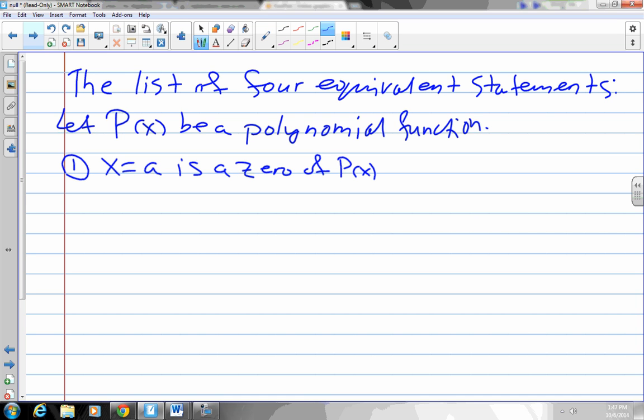So let's say we have that given. So a is a 0 of p of x. Okay? Then if that's the case, then also x equals a is an x-intercept of the graph.